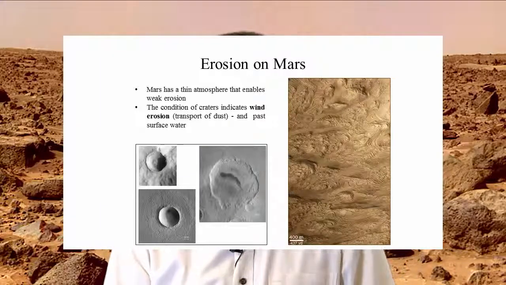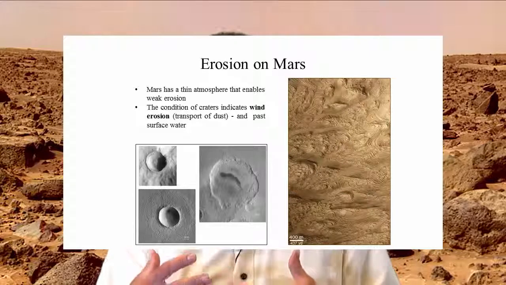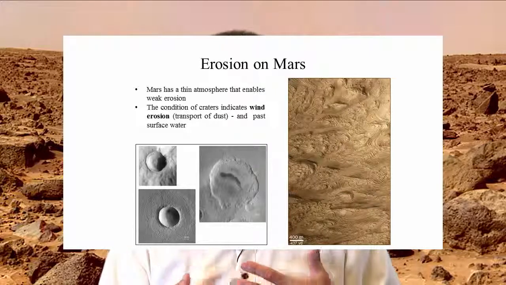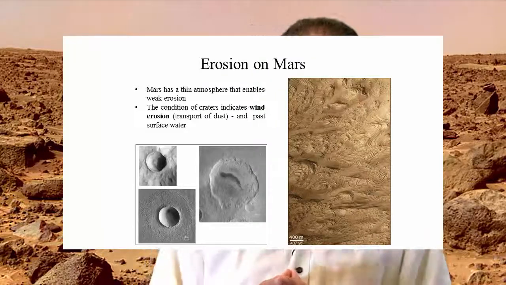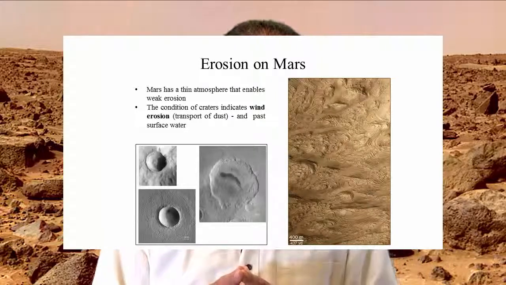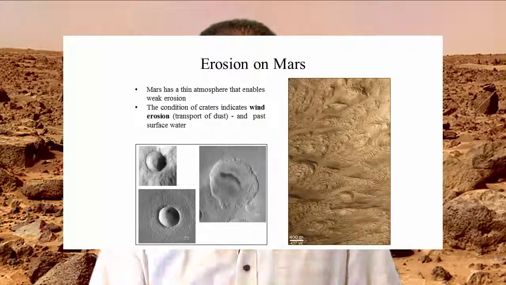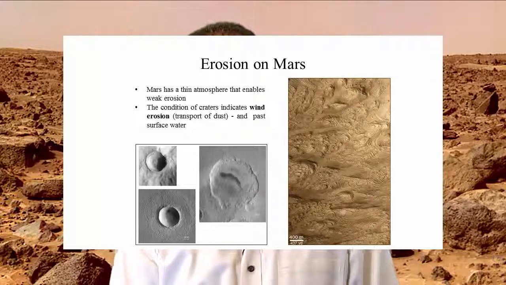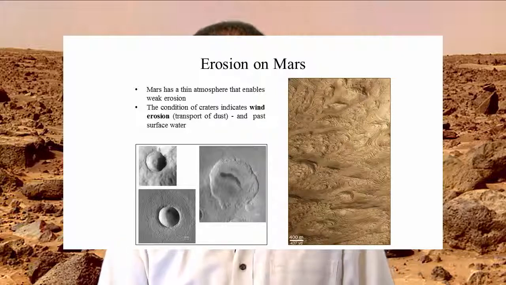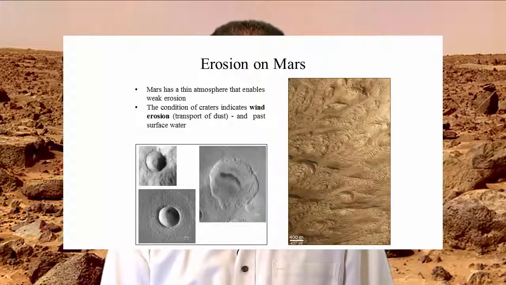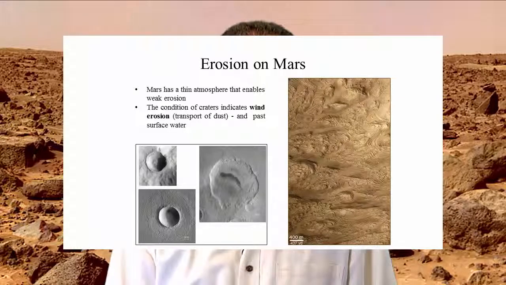But notice the other two images show craters that have begun to fill in with dust and other soil that's been transported there by wind. So this is a good example of wind erosion. Although Mars has a fairly thin atmosphere, it is enough to enable the transport of this material, and these craters can gradually be filled in, and in this sense then be considered as eroding.